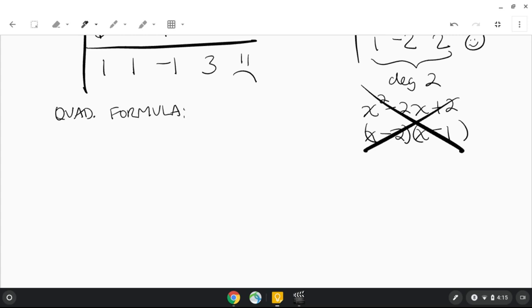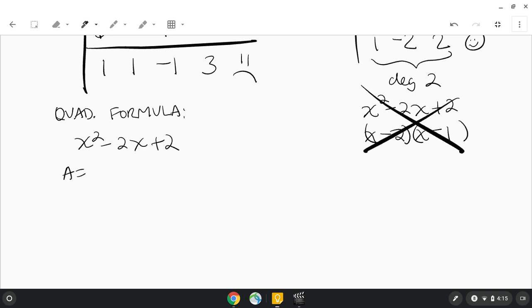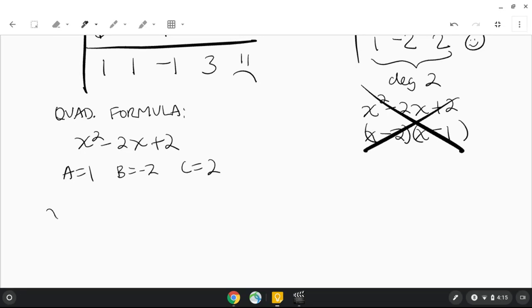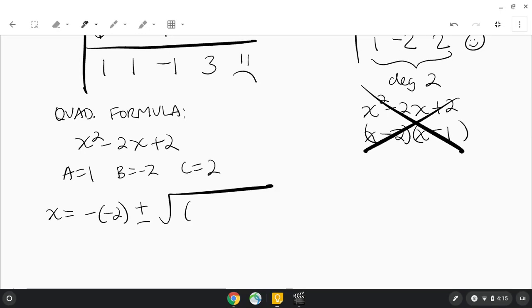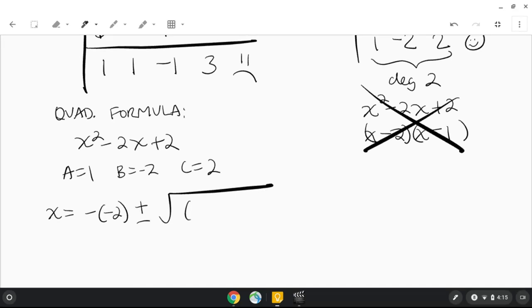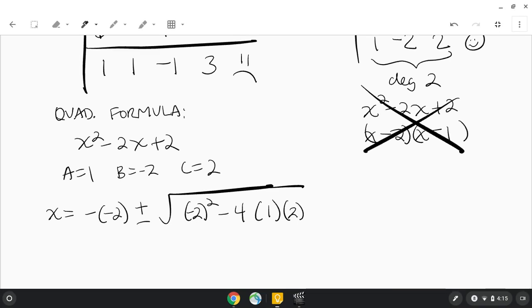So x squared minus 2x plus 2. So a equals 1, b equals negative 2, and c equals 2. So x equals negative b plus or minus the square root of b squared minus 4ac, all over 2a.